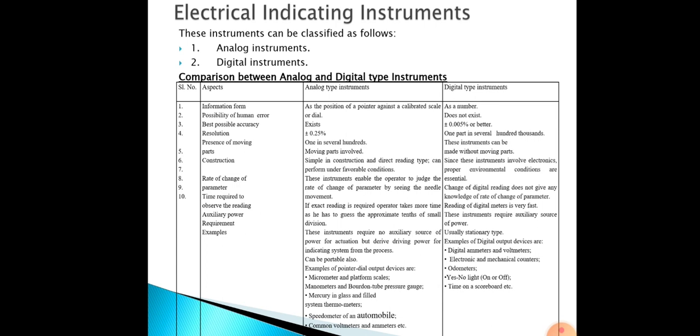Examples of analog are micrometer, platform scale, manometers, mercury in glass systems, speedometer of an automobile, and common voltmeter and ammeter. In digital, with digital output, there are digital ammeters and voltmeters, electronic and mechanical counters, odometer, and yes/no lights and light on a scoreboard. These are the differences between analog and digital type instrumentation.